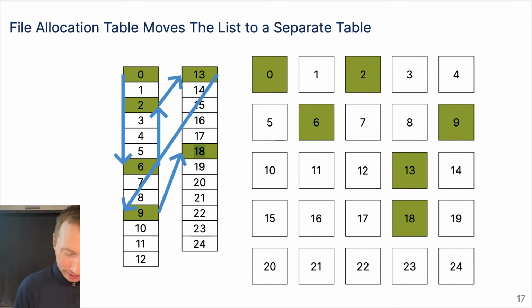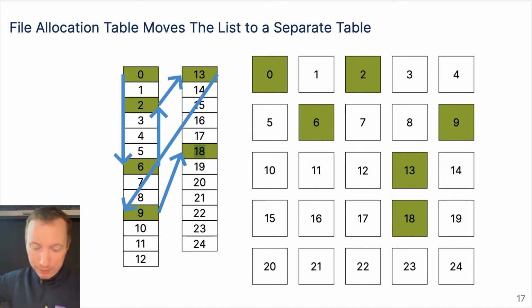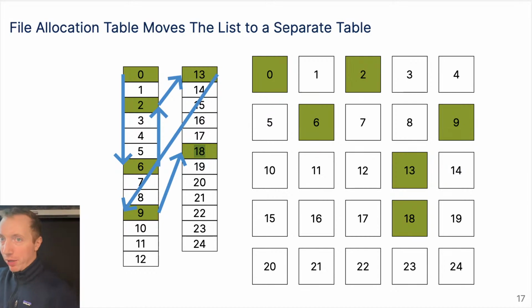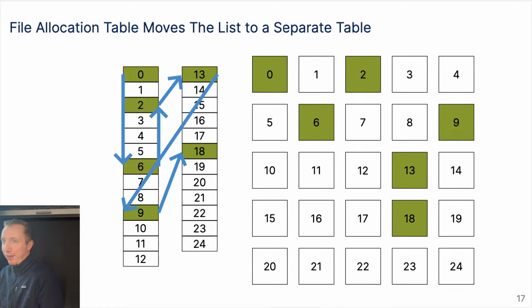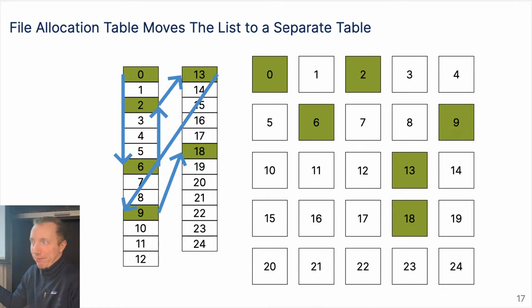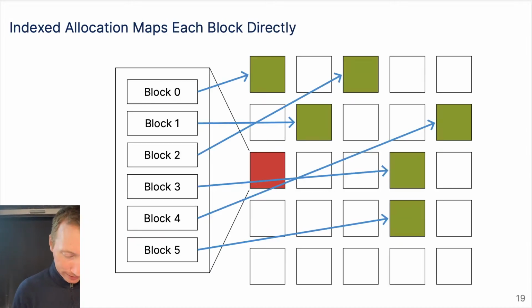Why am I storing the entire list of pointers for everything? Why don't I just store that for this file directly? Block 0 is block 1. Block 1 of this file is 6. Block 2 of this file is 2. Block 3 of this file is 13. Why don't I just store that directly in an array, and then I can just look it up directly. I don't need a hash table, I don't need a tree. Let's use a good old simple array.